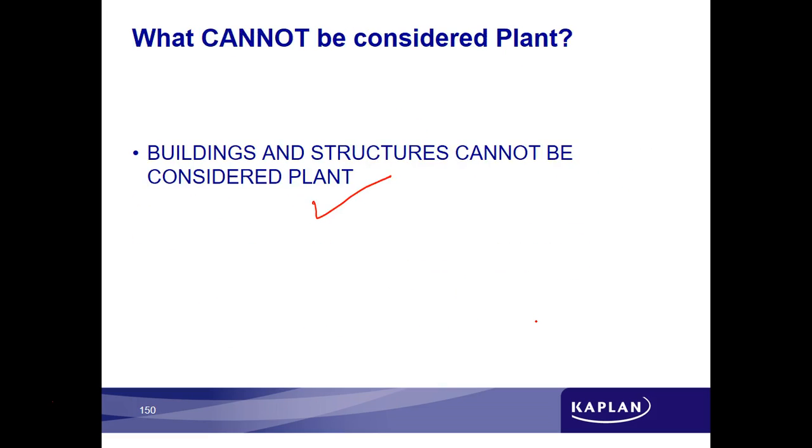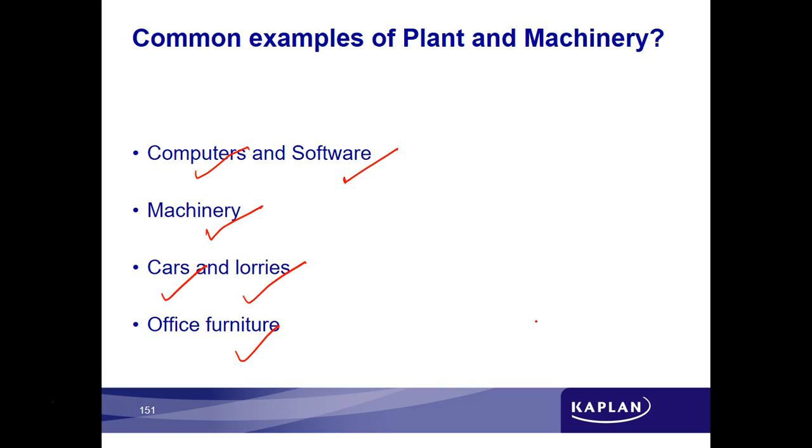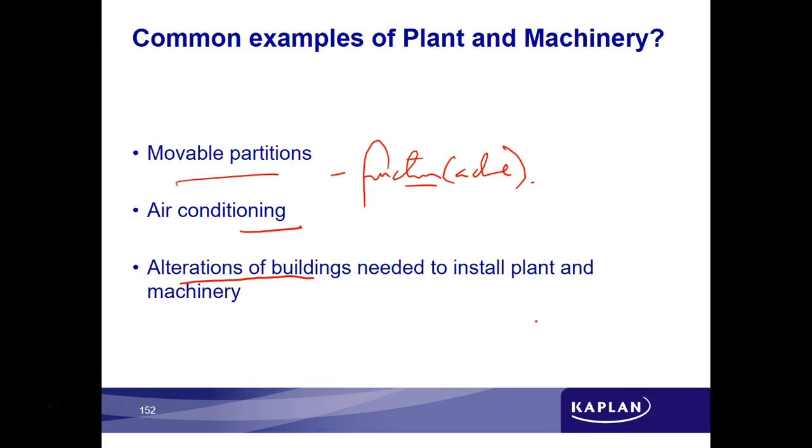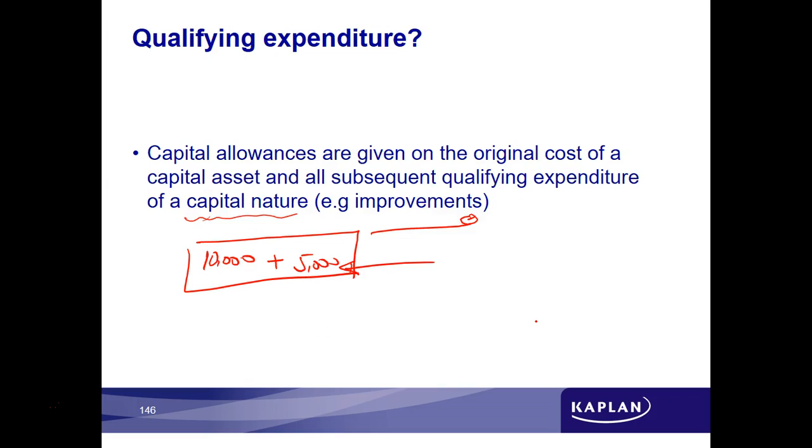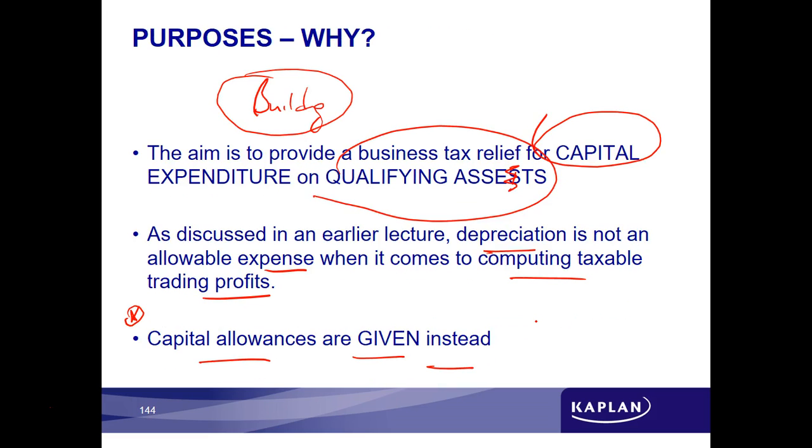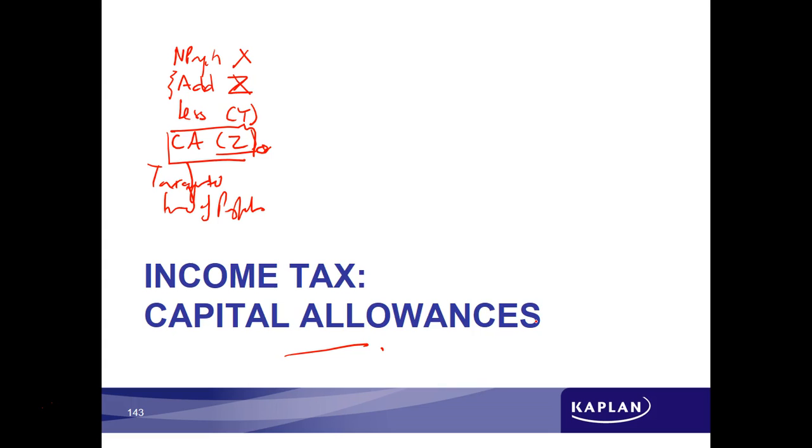I think what's also important to remember are the classic examples, because these are the ones you'll see all the time. What else was interesting here? Again, they're given on the original cost and all subsequent qualifying expenditure. We're really talking about qualifying assets, and the aim is to replace depreciation, because we, of course, add back depreciation all the time to our net profit. And then deal with this.